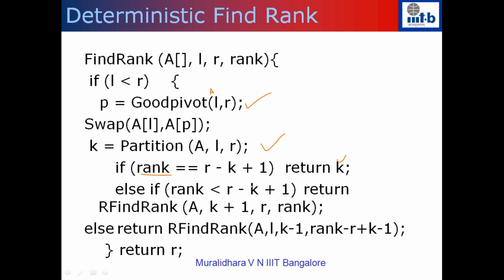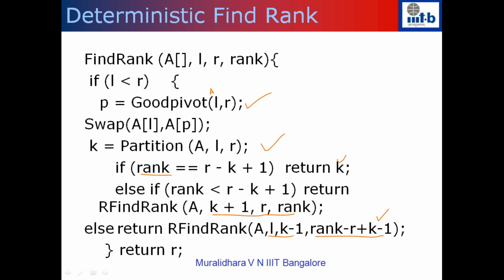Otherwise, if the rank is smaller than the rank of the pivot, then we recursively go and find on the right hand side. Else, if the rank of the number is greater than the rank of the pivot, then we go to the left hand side and find an element whose rank is rank minus R plus k minus 1. Right? So this we have seen in the earlier video.